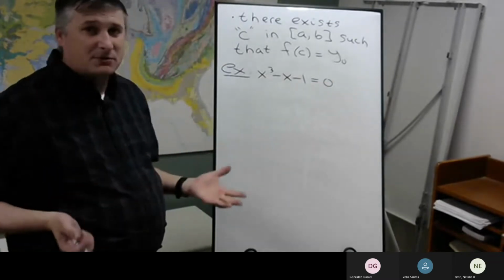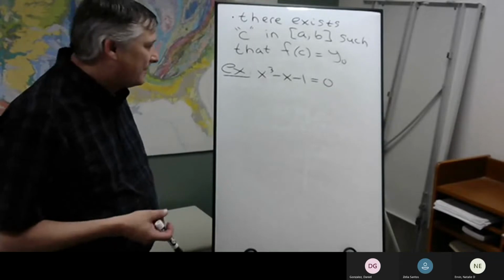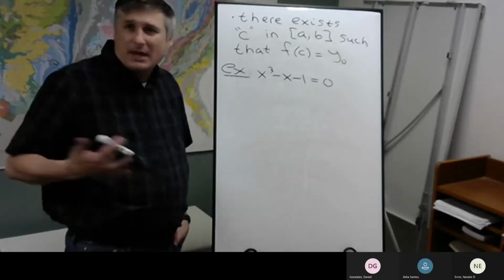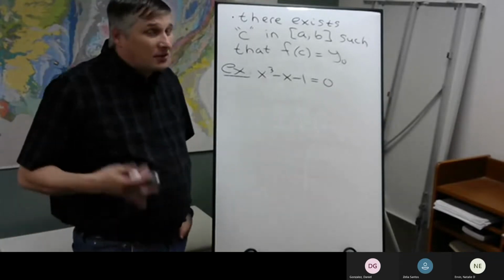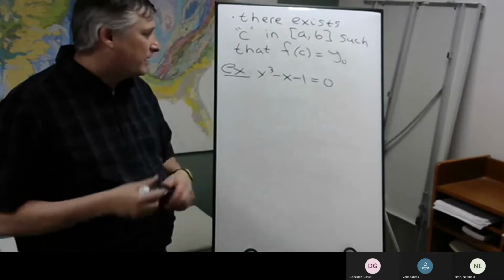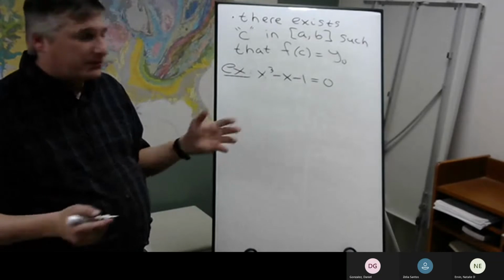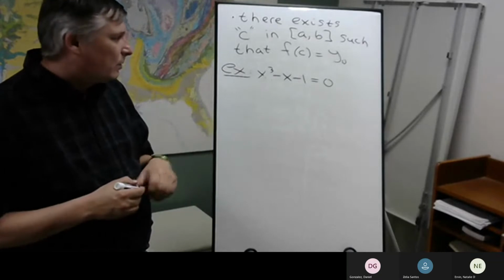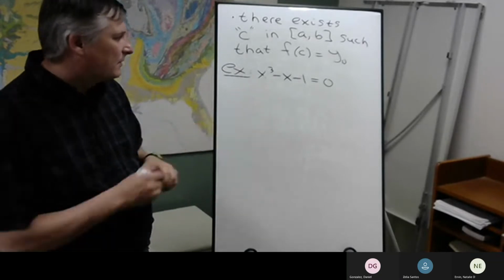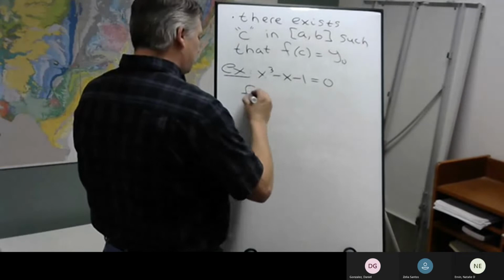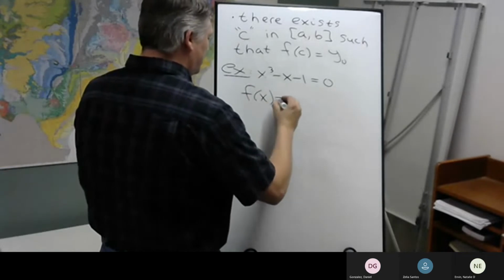Well, what can we say about the solution for x? Now, this is not a degree 2 equation, so we can't use the quadratic formula. There are formulas for degree 3 equations, kind of complicated. But is there anything else we can say generally? Well, one thing we can say about this, let's say it's a function. Let's say it's f of x.